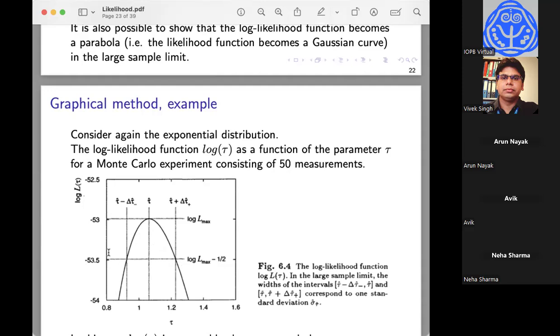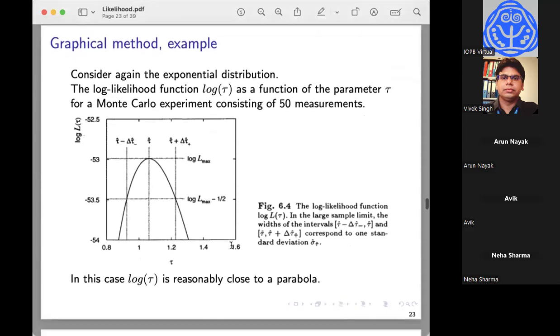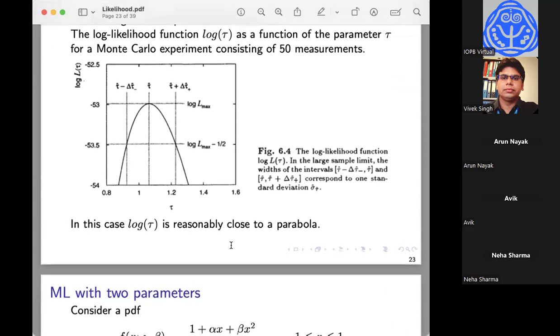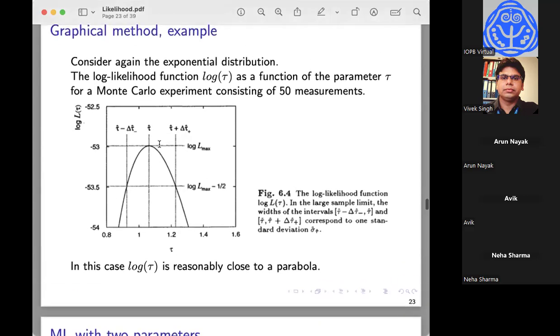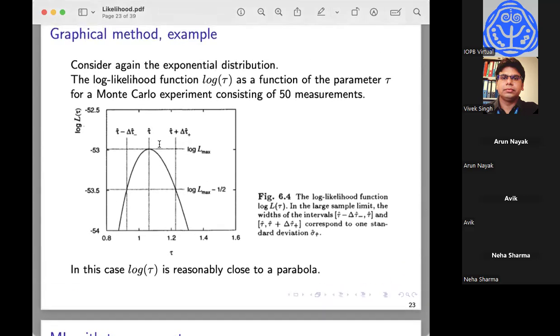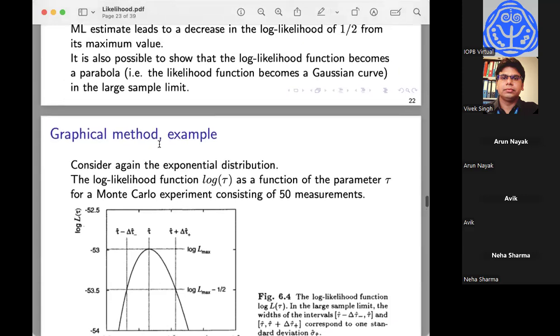So in this case, you can see that these values will give you the 1 sigma error for this estimate. And you can also see that in this case it is reasonably close to the parabola.